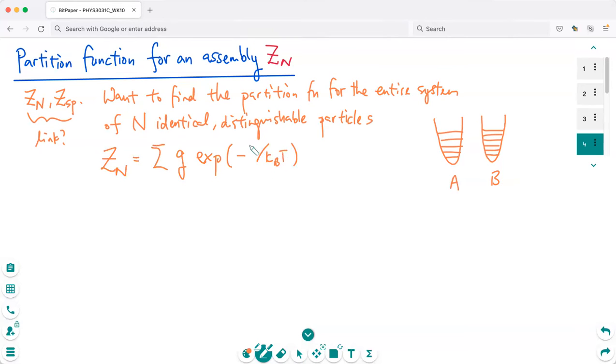And here, what I put, I'm going to use E sub M. So M is a label. Okay, so this E sub M is all possible energies, right? This is a partition function. You take everybody into account. So these are all the possible energies for the entire system. So you need to learn how to count.